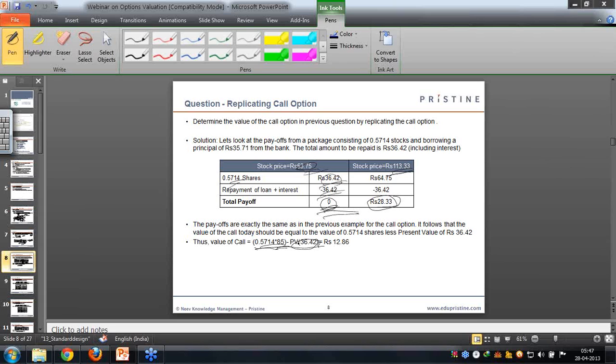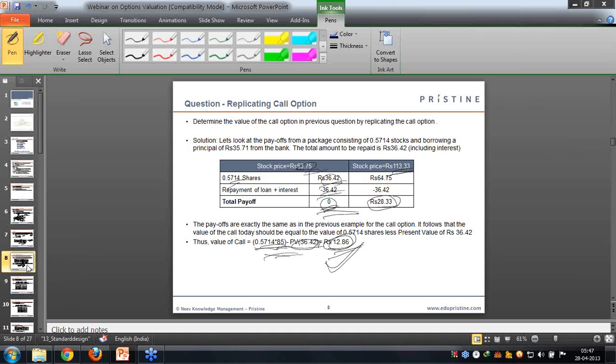So we subtract that present value today to get the value of the call, which comes to 12.86. That way we formed a portfolio, got exactly the same payoffs, and thus found the value of the call.